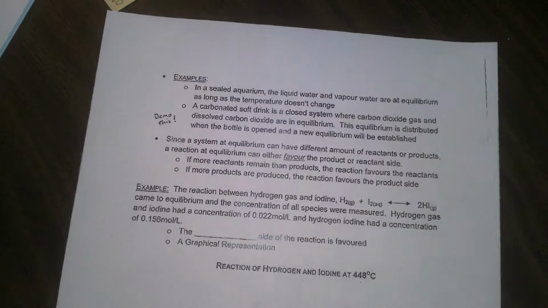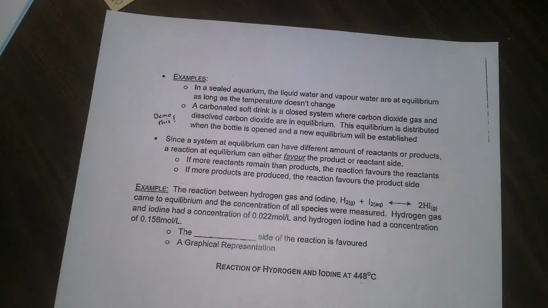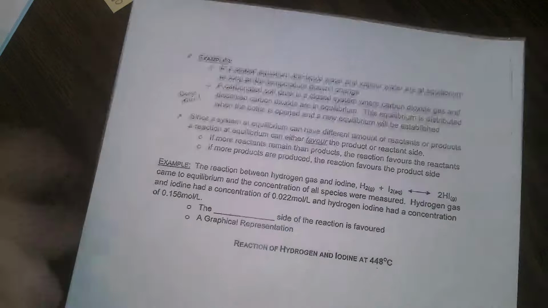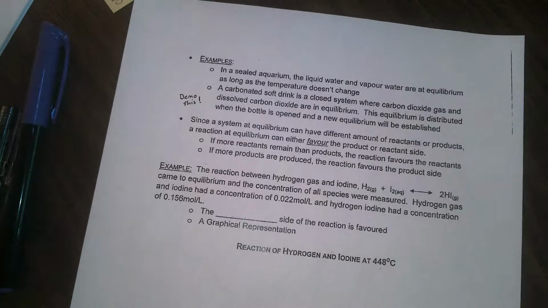Examples: in a sealed aquarium, liquid water and vapor are at equilibrium as long as the temperature doesn't change. A carbonated soft drink is a closed system where carbon dioxide gas and dissolved carbon dioxide are in equilibrium. The equilibrium is disturbed when the bottle is opened and a new equilibrium is established. So right now, I don't know who's left this can of club soda here.